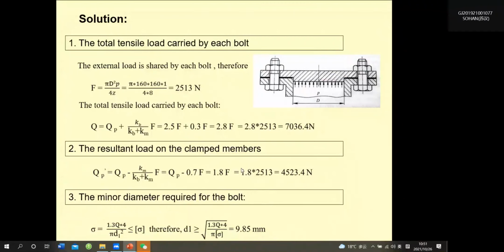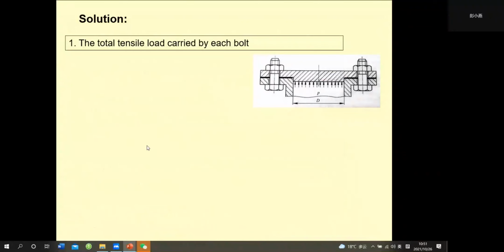Here Q equals QP plus KB divided by KB plus KM. Can you please show this equation in our PPT? This is a little different from our PPT.